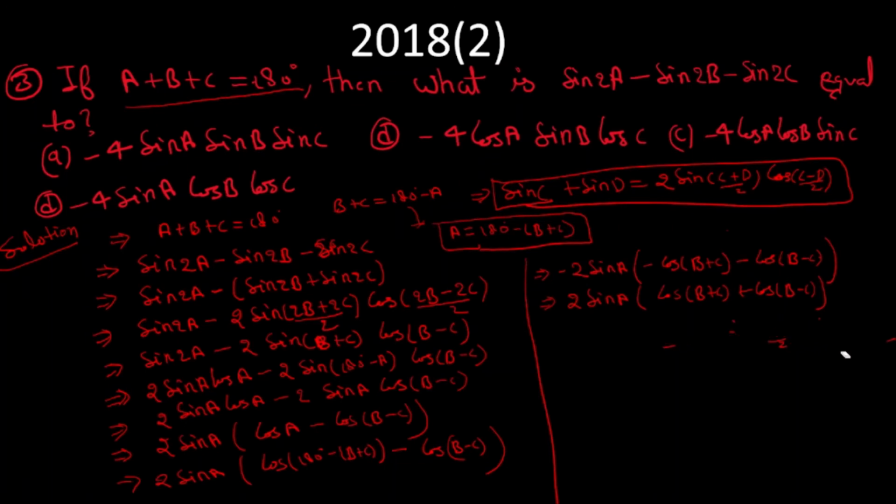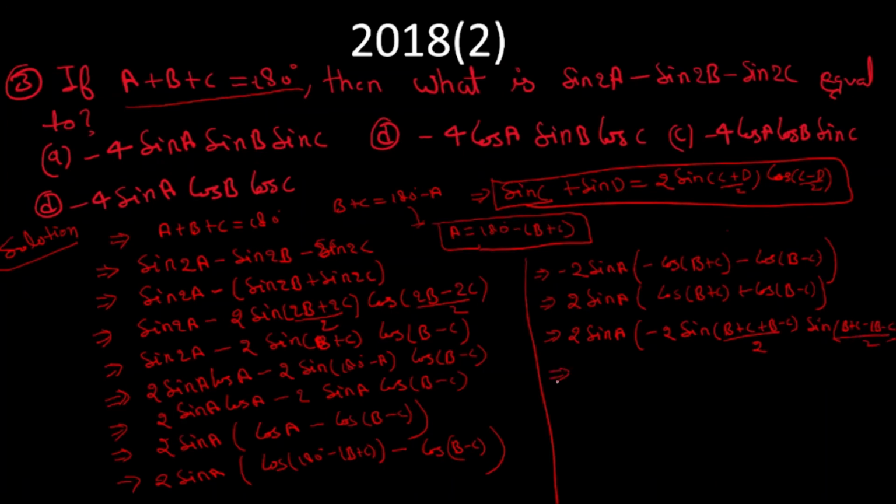Okay, so when we apply that formula here, we get sin a, and here we get minus 2. c plus d means (b+c)+(b−c) by 2, and c minus d means (b+c)−(b−c) by 2.